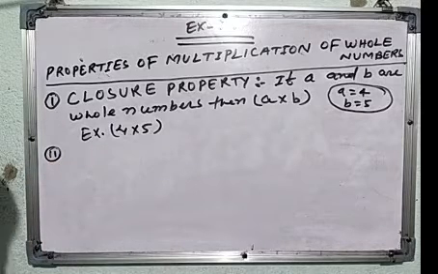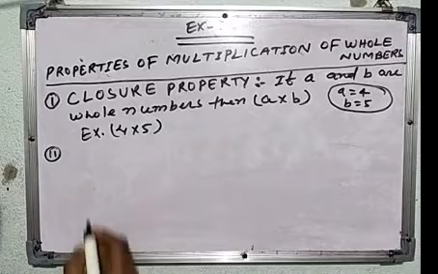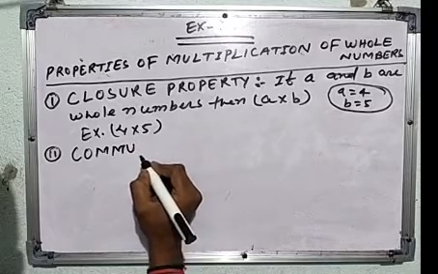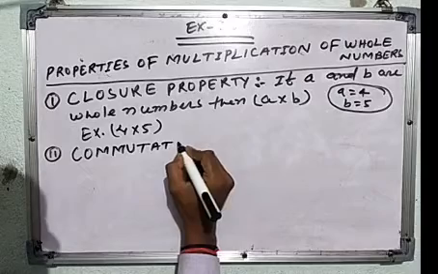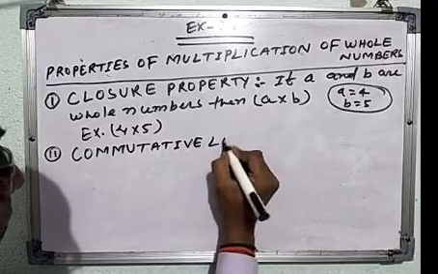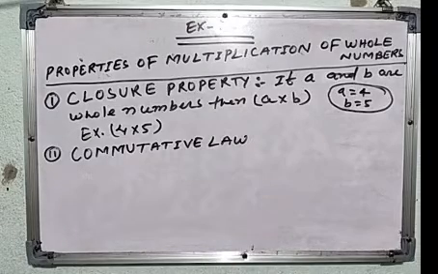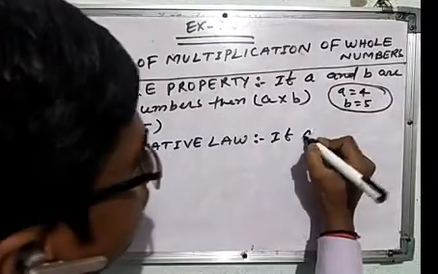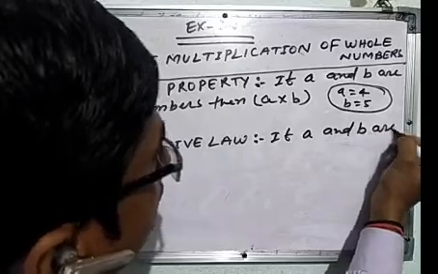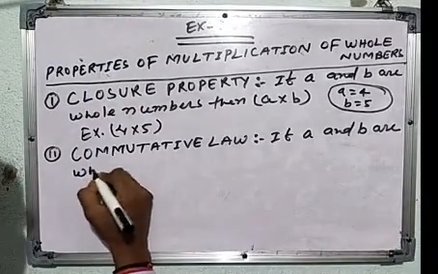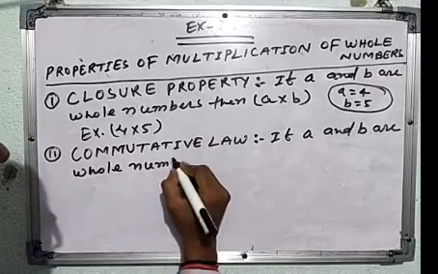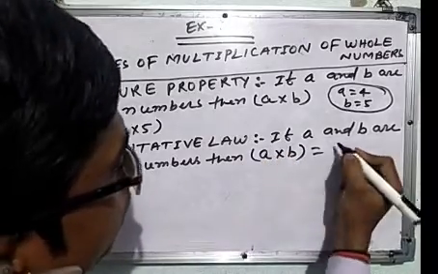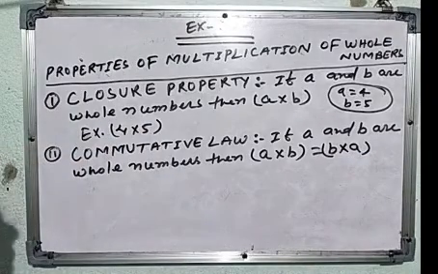Next, second property, commutative law. If A and B are whole numbers, then you write A into B equal to B into A. It means commutative law.